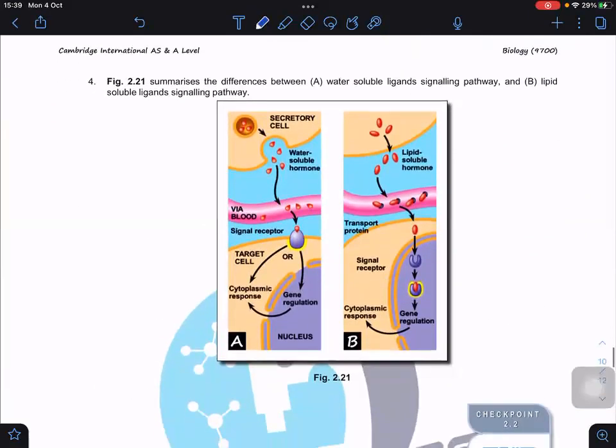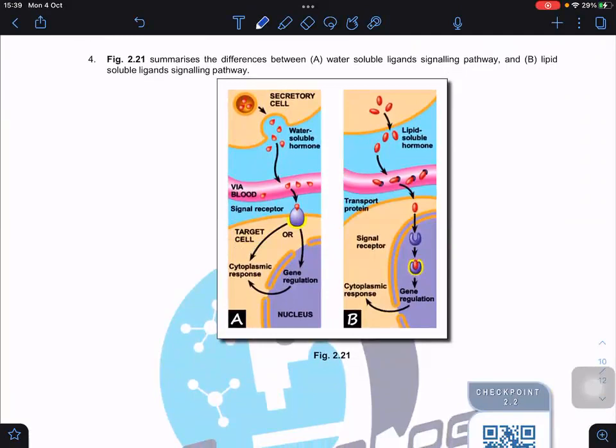So what are the differences? Now look at this. First, the difference in terms of where the receptor is. For a water-soluble ligand, the receptor must be on the cell surface membrane. It cannot be inside.